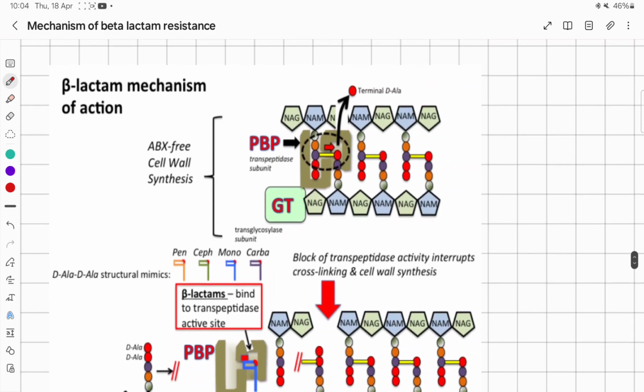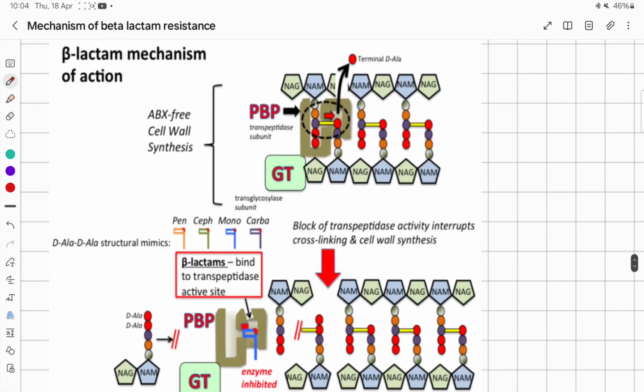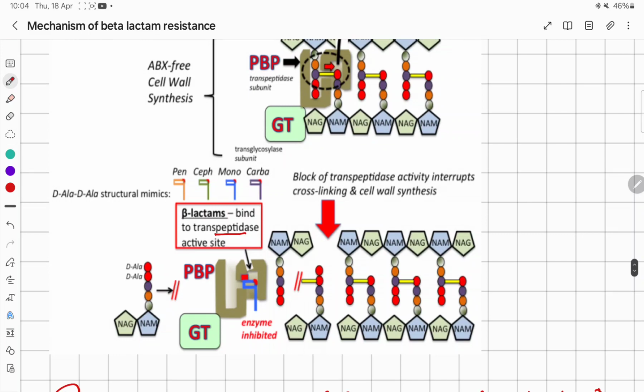Then the fourth cause. You can refer to our earlier class on the mechanism of beta lactam antibiotics. In the final step of biosynthesis of the cell wall, there is peptidoglycan, which is the essential constituent of the cell wall of bacteria. In the final step, the enzyme transpeptidase causes the cross-linking of the N-acetylmuramic acids.